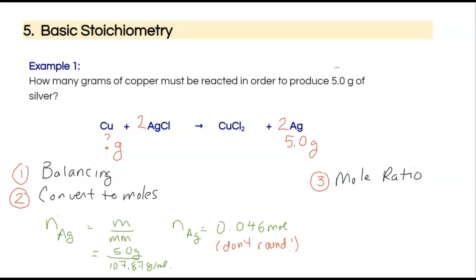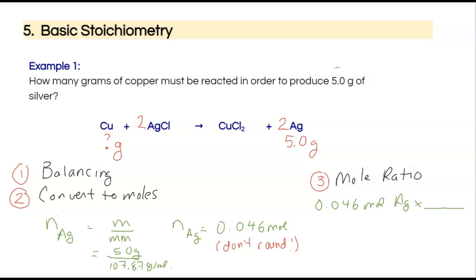Remembering that those coefficients in the balanced chemical equation can be interpreted to mean moles. And so I know that I have 0.046 moles of silver, but I don't want moles of silver.